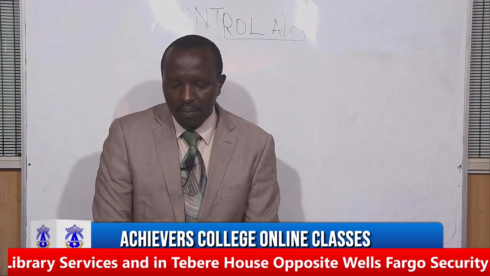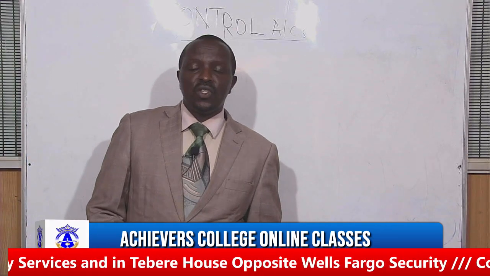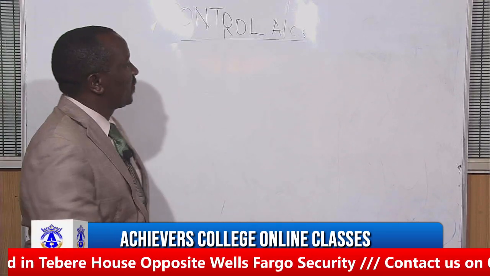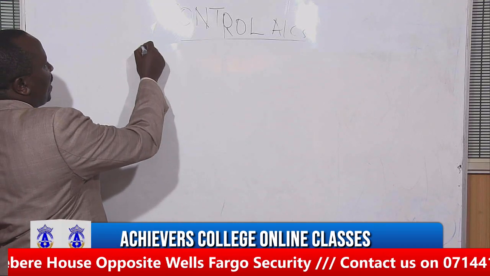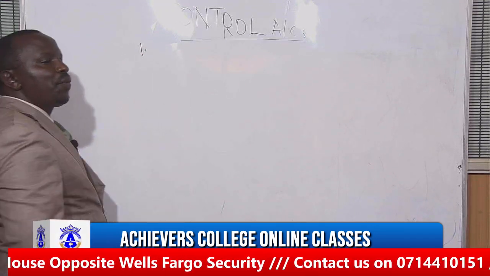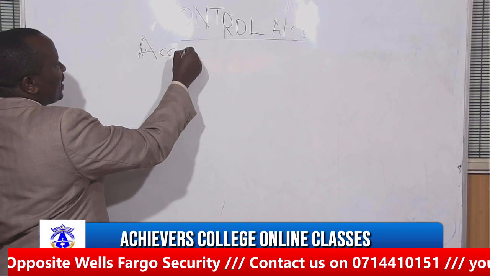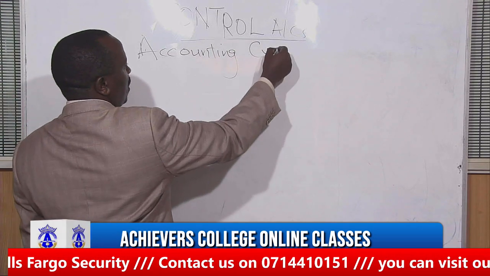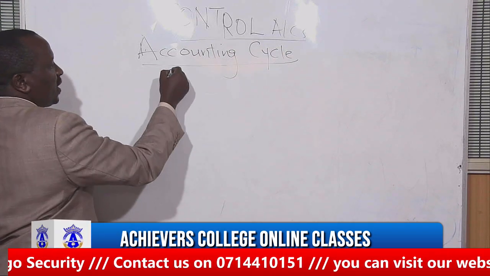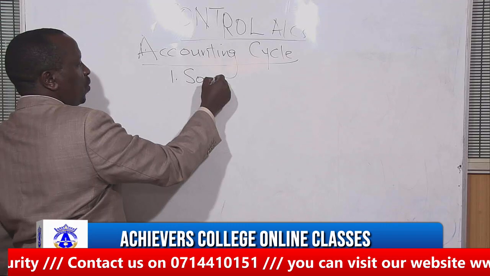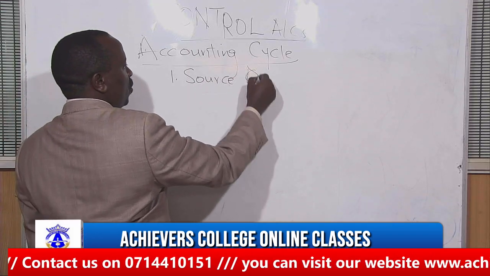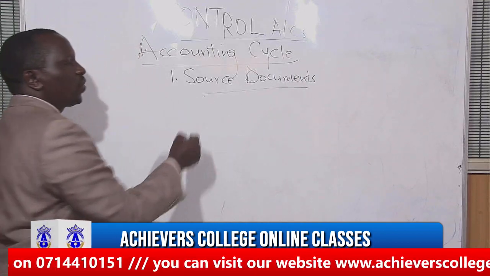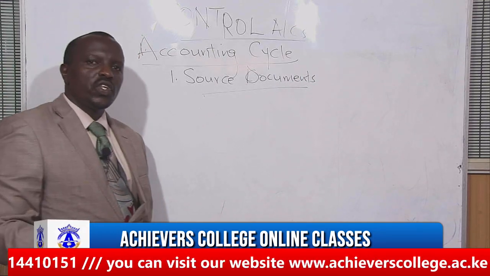When we talk about control account, it is important that you understand the accounting cycle. The accounting cycle has various particular steps. The first step in the accounting cycle is the source documents.